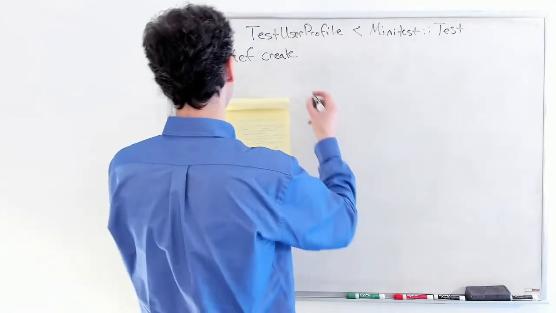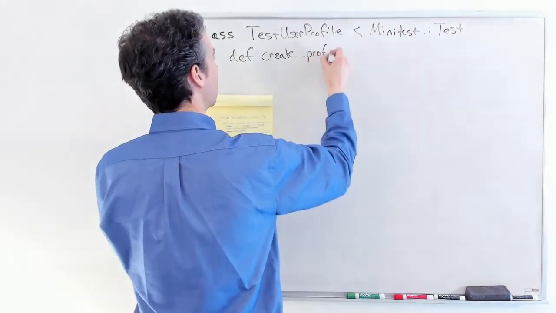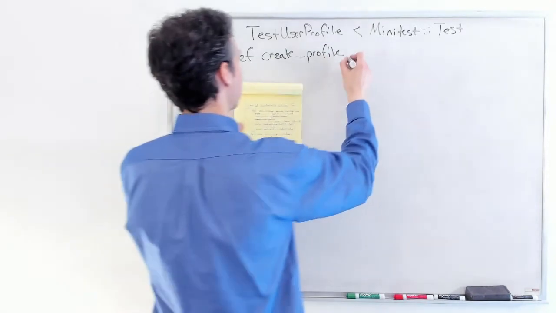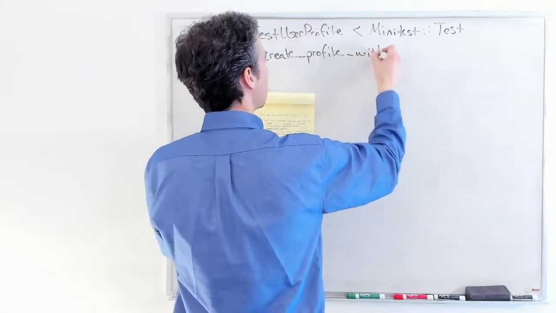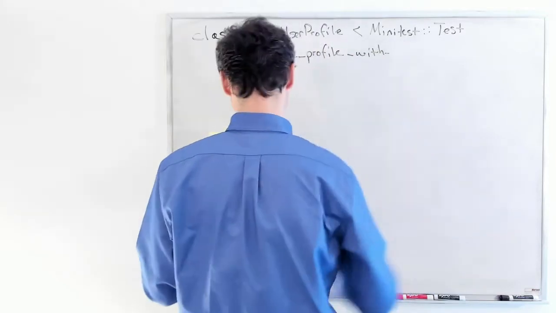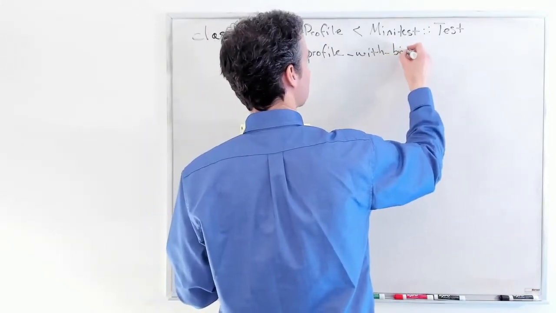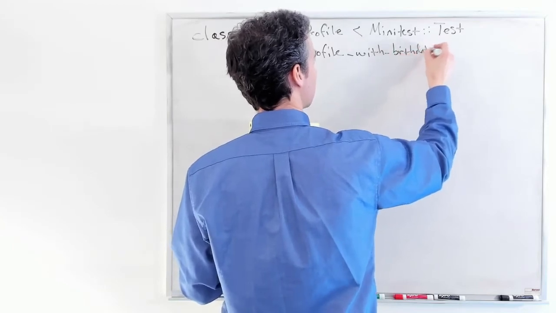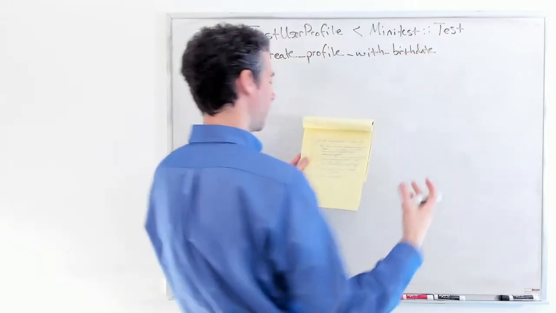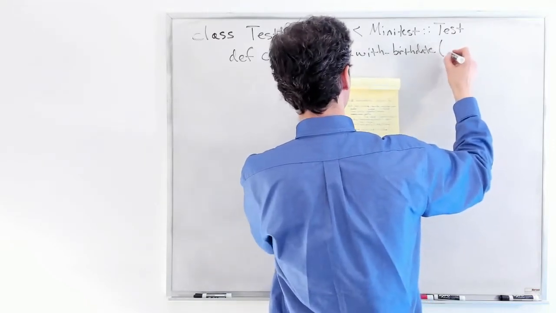Okay, so I'm going to create a profile. The idea is I'm going to write this method such that I can create a profile with a specific birth date that I want. I'm making myself a helper method that'll make it easier to create one of these user profiles.